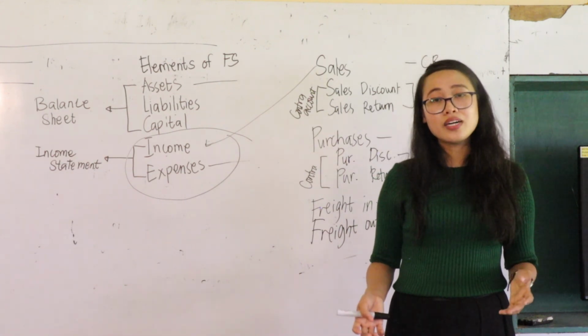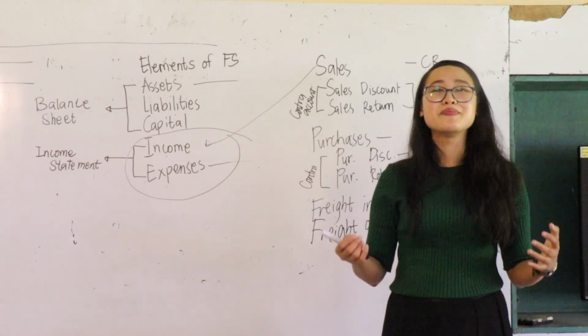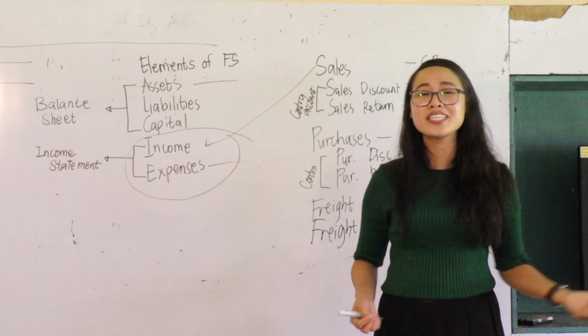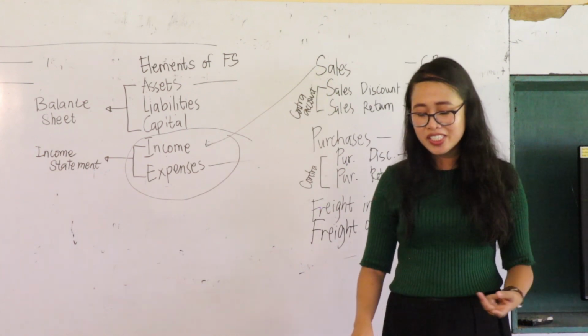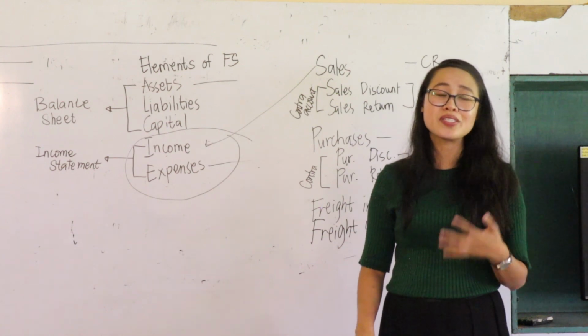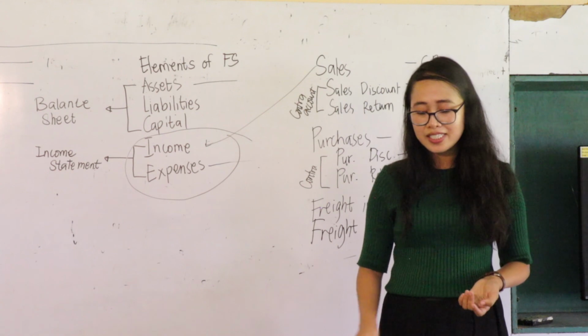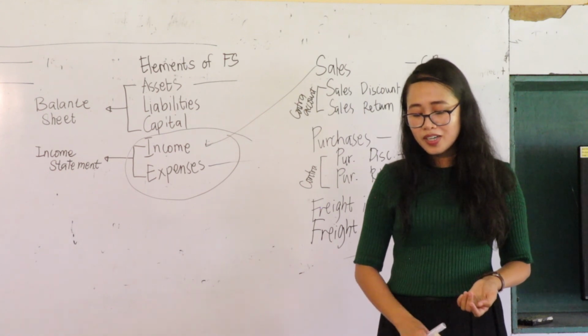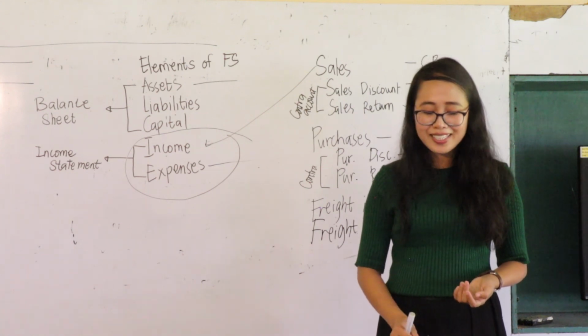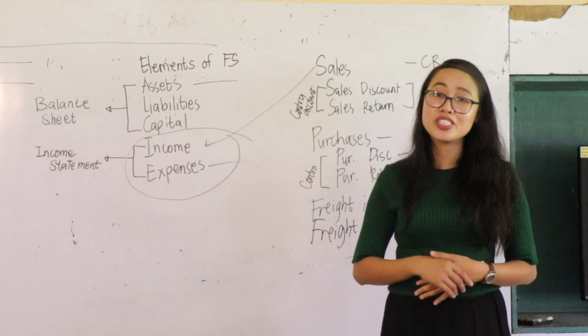But later on, if you enroll as an accountancy student, there will be more discussions on partnerships, corporations, and changes in equity. So for now, this is just an overview as to some differences with the changes in owner's equity.